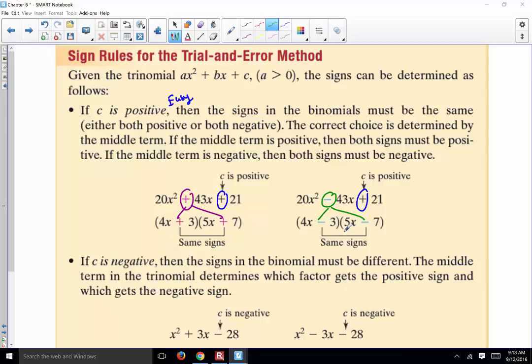Got it? Make sense? Alright? But you need to verify two things again. First, what is the sign of the last number? Positive. Then if the middle number is positive, you have positive, positive. Last number positive, middle number negative, you have negative, negative.